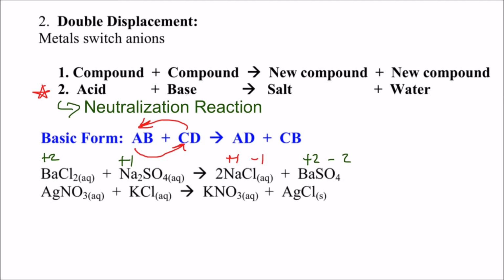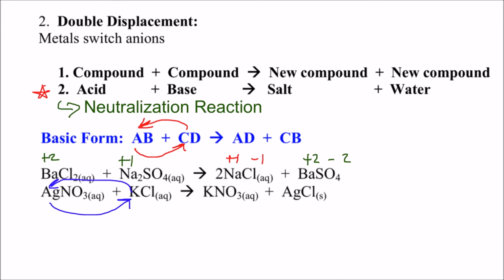We have silver nitrate and potassium chloride. So the silver and the potassium are going to switch spots with each other. So we're going to have the potassium pairing up with the nitrate ion, and we're going to have the silver pairing up with the chloride ion. Okay? Anytime we make a new compound, you got to check your charges.